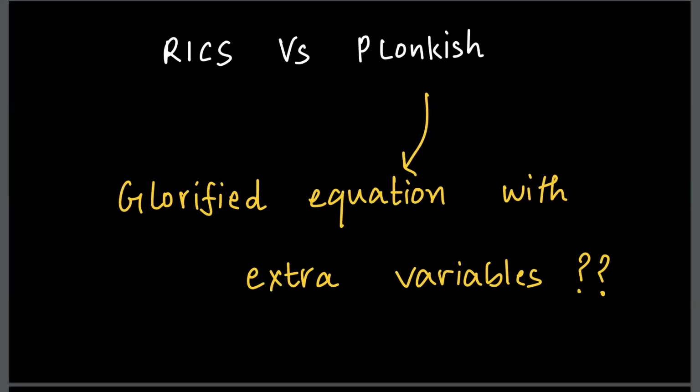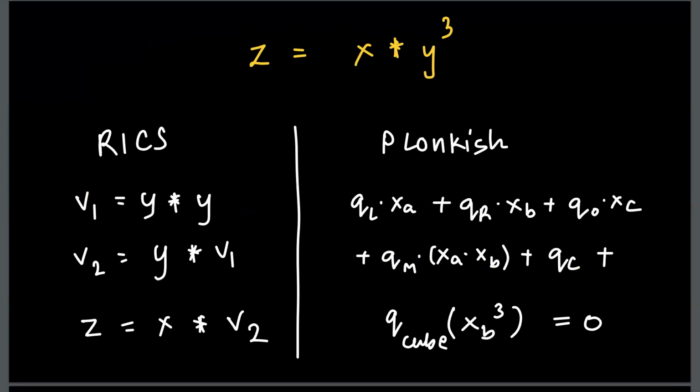Again, we are proving addition and multiplication. So is Plonkish arithmetization just a glorified equation which has extra variables, or is it something more? If you take an example of this equation, let's say z equals x into y cube.